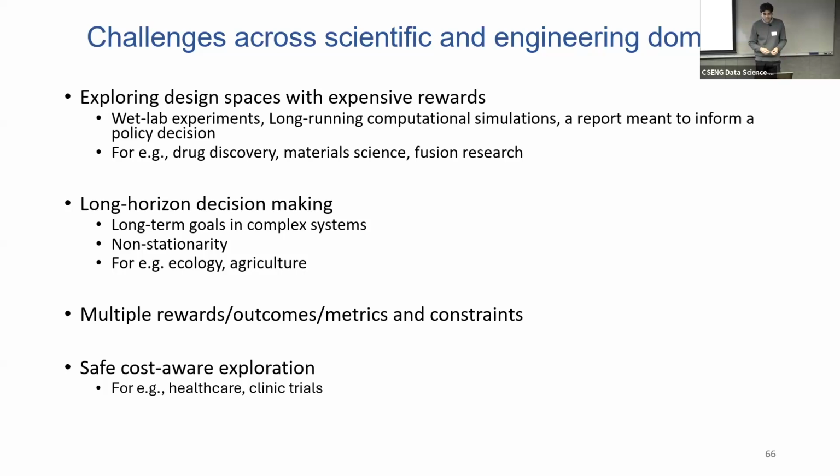Similarly, even if we have simpler, cheaper rewards, many problems in scientific domains require us to make long horizon decisions. For example, in agriculture, farmers make decisions, but even if you provide some intermediate reward, the final thing that we care about is the yield of their decision strategy, which is maybe months or years away.